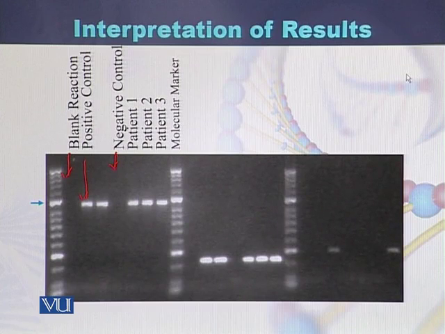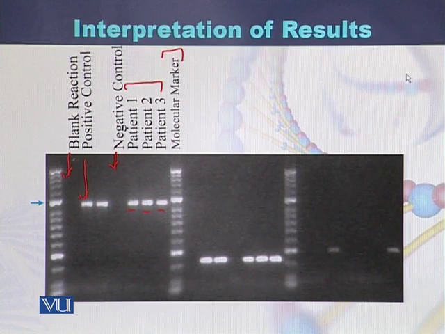This is the result of patient 1, patient 2 and patient 3, these 3 patients. And this is the DNA ladder, also called a molecular marker. The expected size for the patients for a particular region of the DNA was about 1000 base pair. We see whether our band is the same as what we were expecting as a result of the PCR reaction.